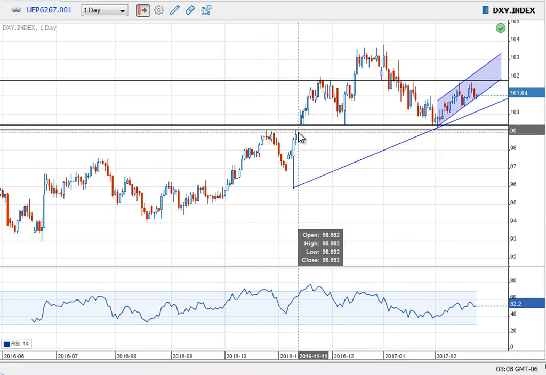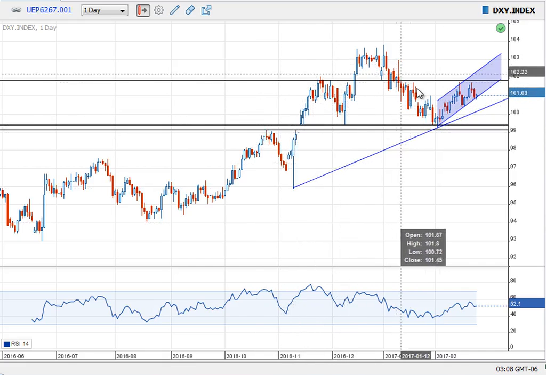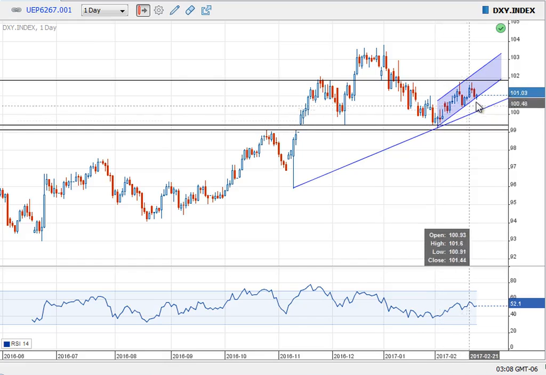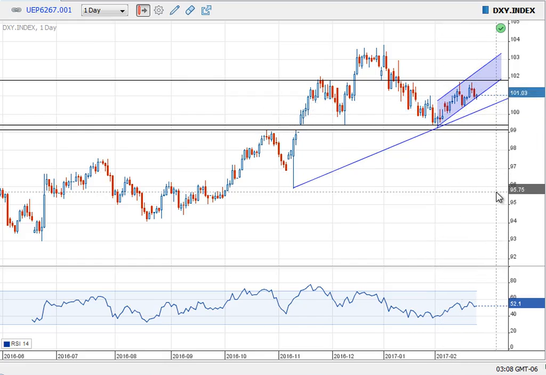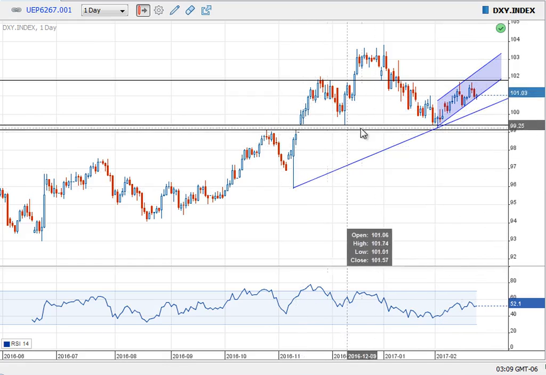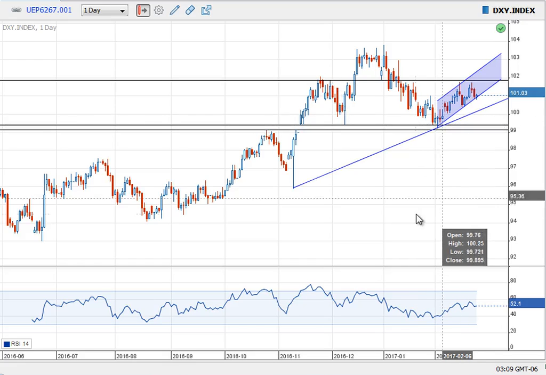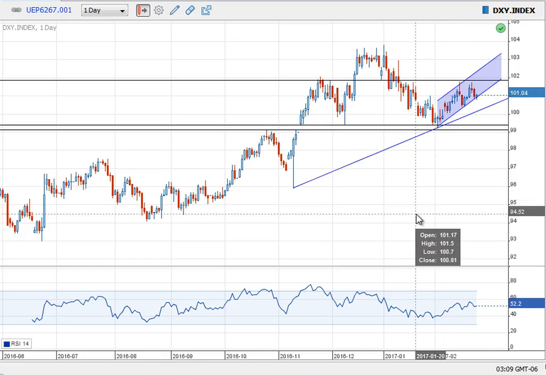You can see that we gapped up here and we tested it with a huge rejection, and again we tested it where the flag started. So basically this tells me that we do have some very strong buyers positioned here, and of course short-term sellers are going to be taking profit also, which creates a very strong bullish pressure in the US dollar.